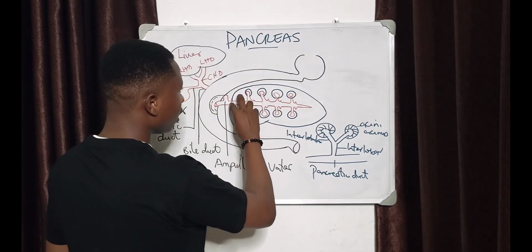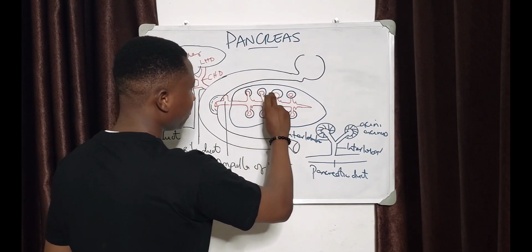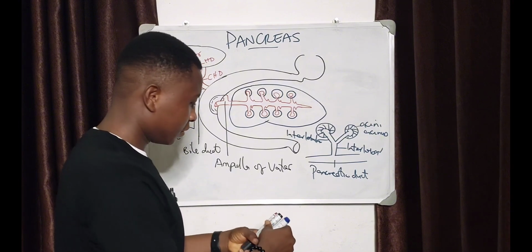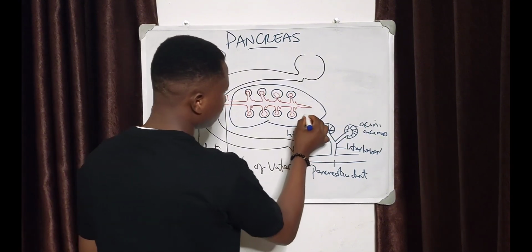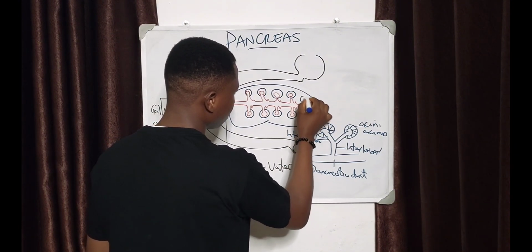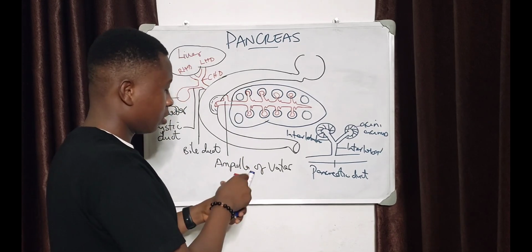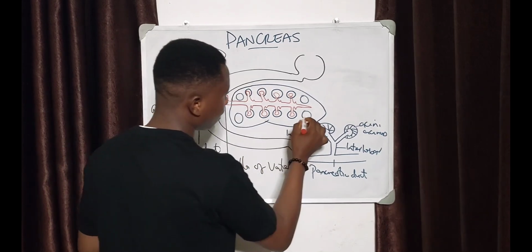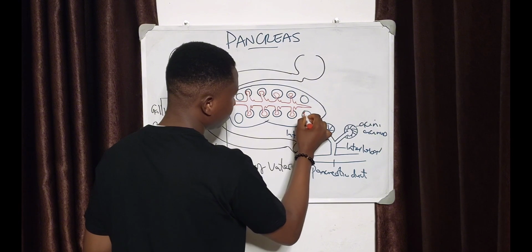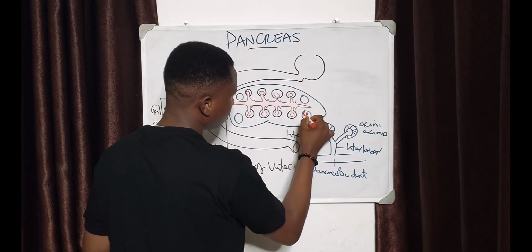Now, in the pancreas, we also have some cells. So let's name these the beta cells.